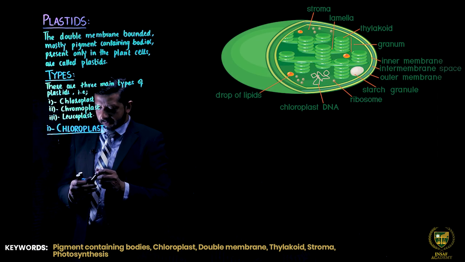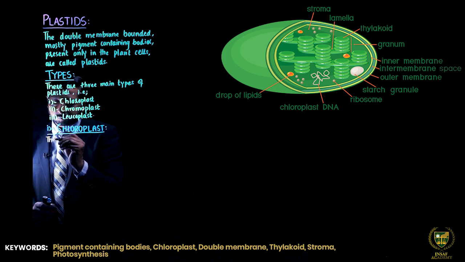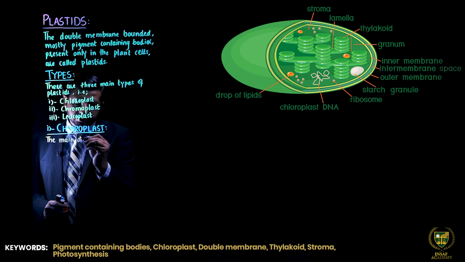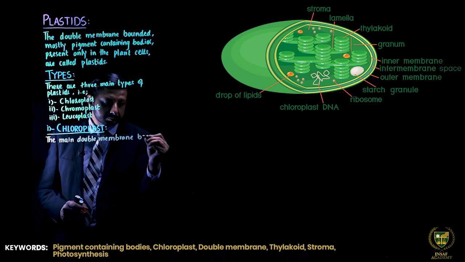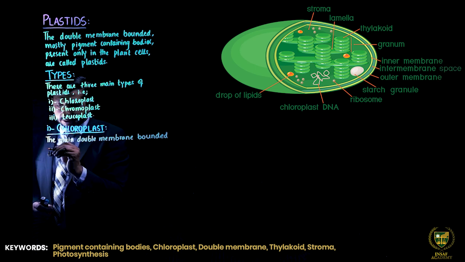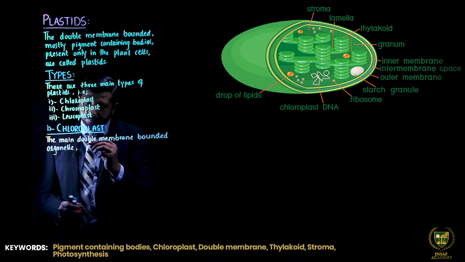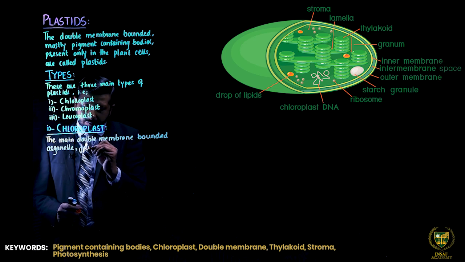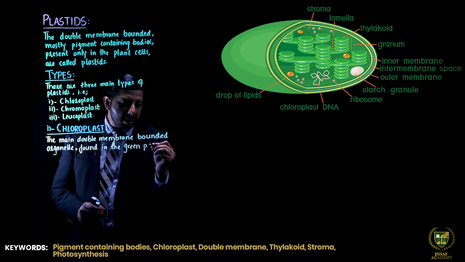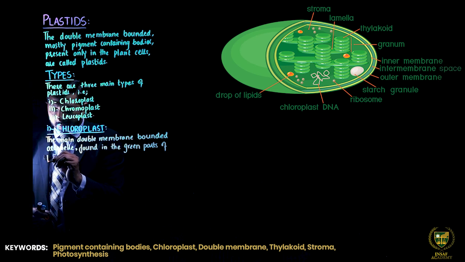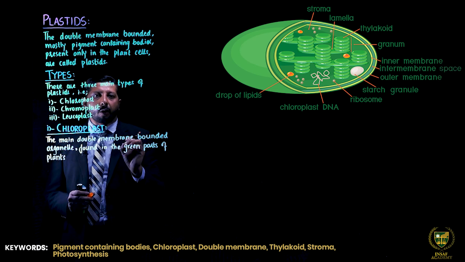So chloroplast, it is the main double membrane bounded organelle found in the green parts of plants, because it is used to impart only green color to the plants.